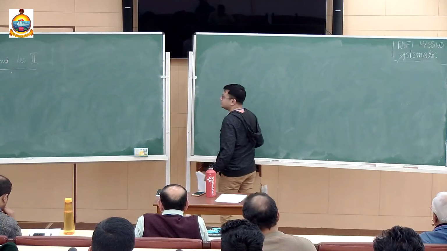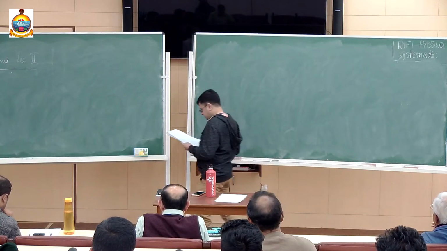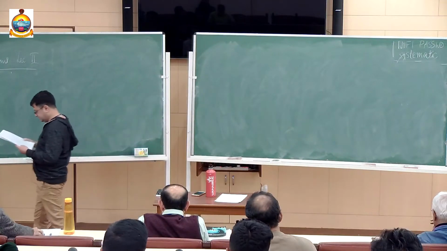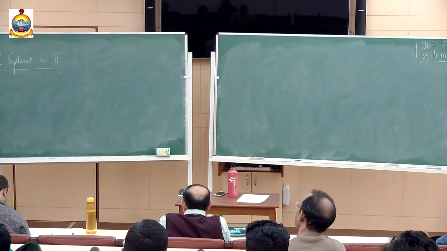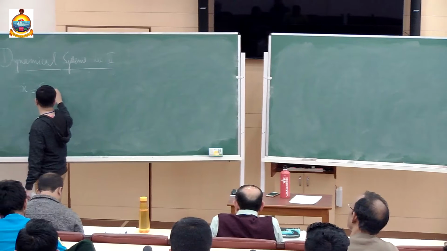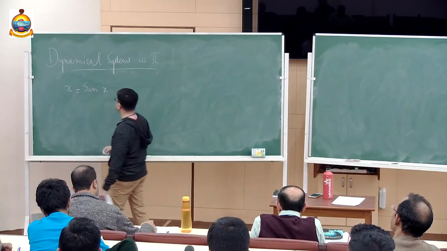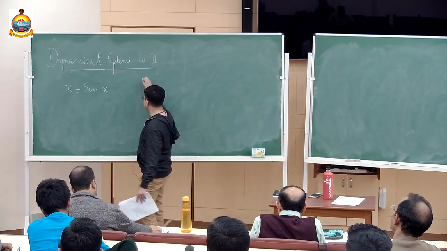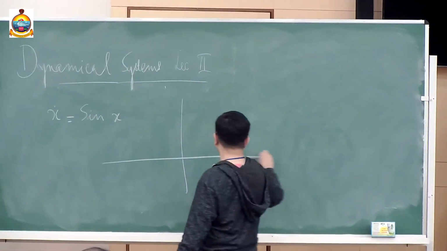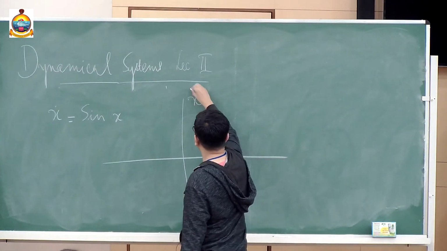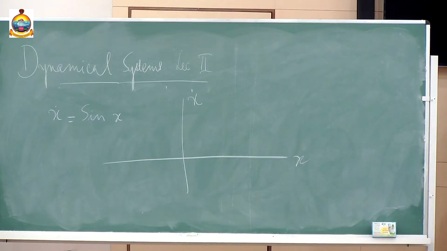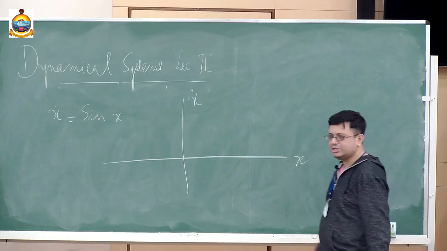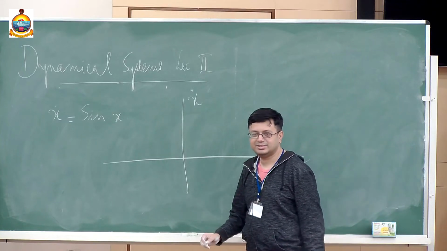That's what I'm going to do next. By the way, there is this example that I found on the net. Can somebody tell me, just for fun, what are the fixed points of that equation? 0 and pi, that's it?